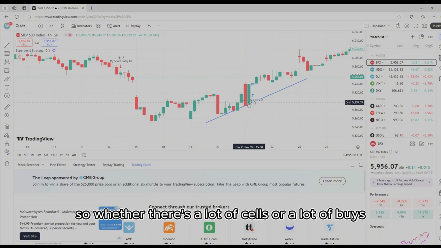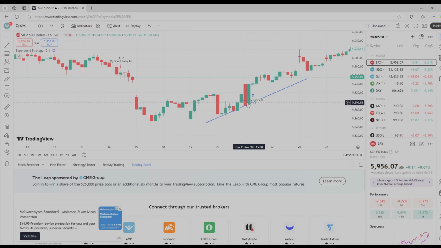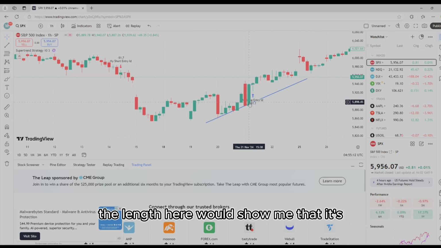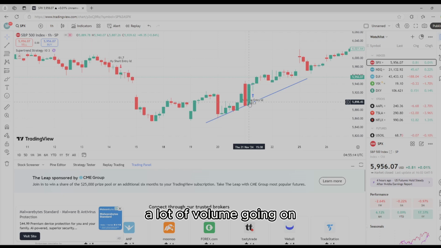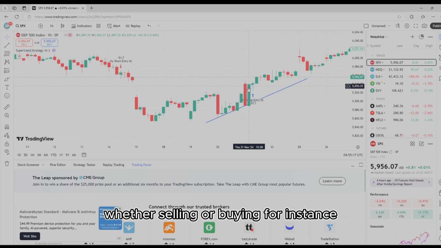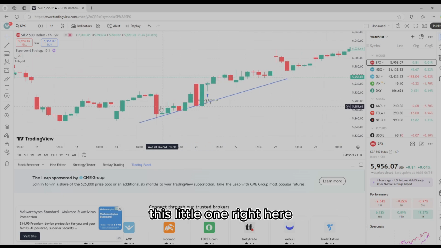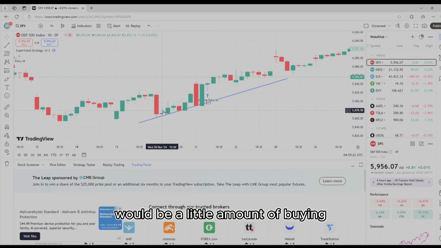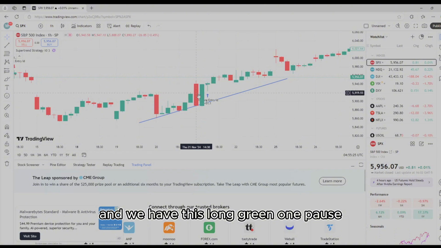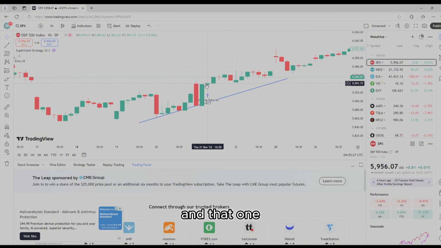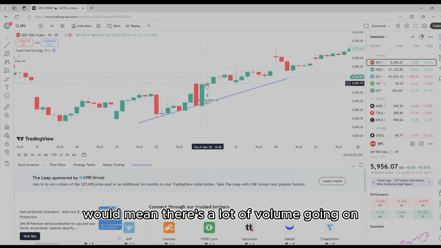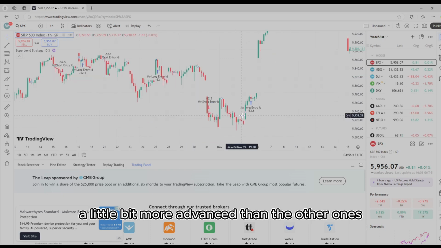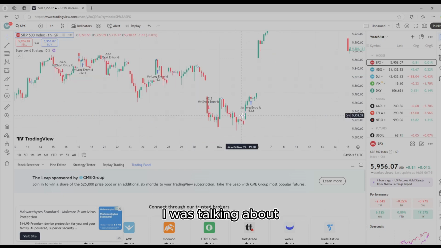So whether there's a lot of sells or a lot of buys, the length would show me that there's a lot of volume going on, whether it's selling or buying. For instance, this little one right here would be a little amount of buying, more than this one. And then we have this long green one, and that one would mean there's a lot of volume going on.